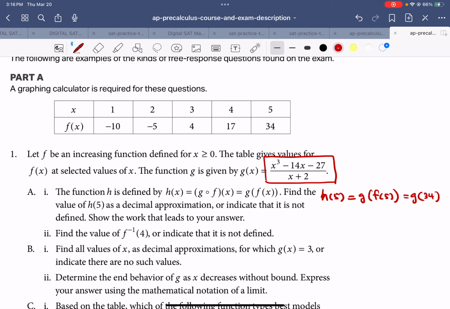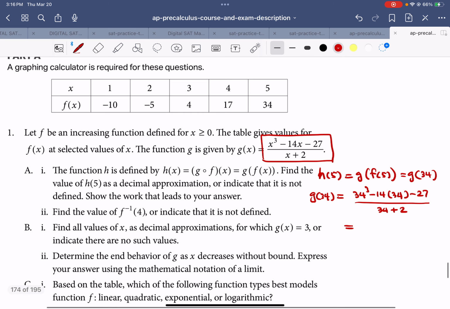Now g of x is that equation, so g of 34 is equal to 34 cubed minus 14 times 34 minus 27, over 34 plus 2. Calculator is required, so you can just type it in. Once you type it in, you will get around 1077.806. You have more decimals, but in the AP test, 3 decimal places is standard, so I want to keep it like that.